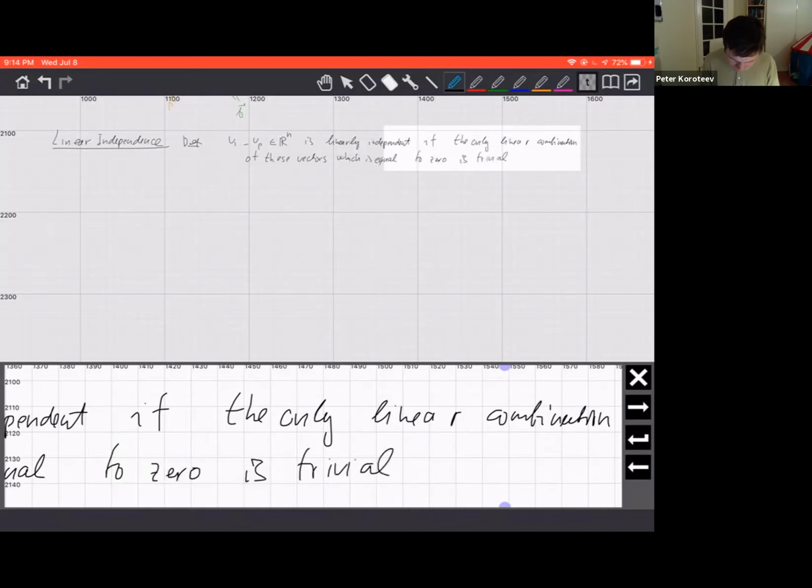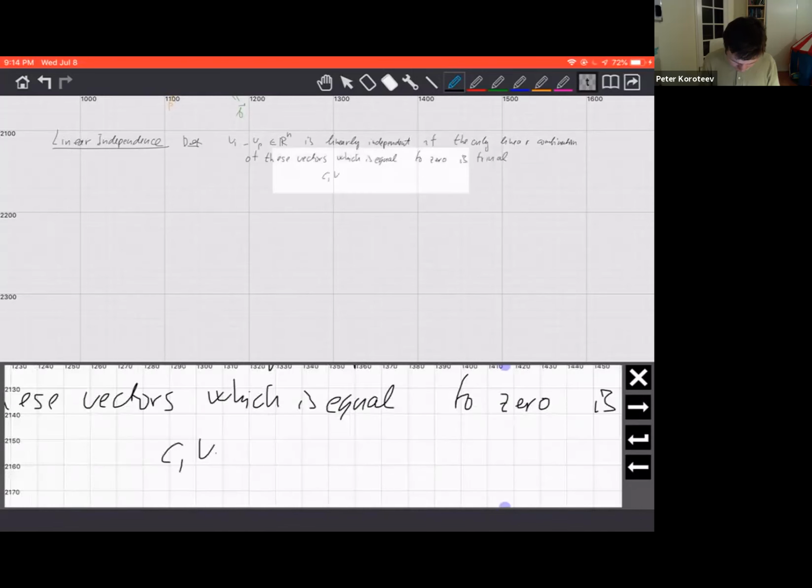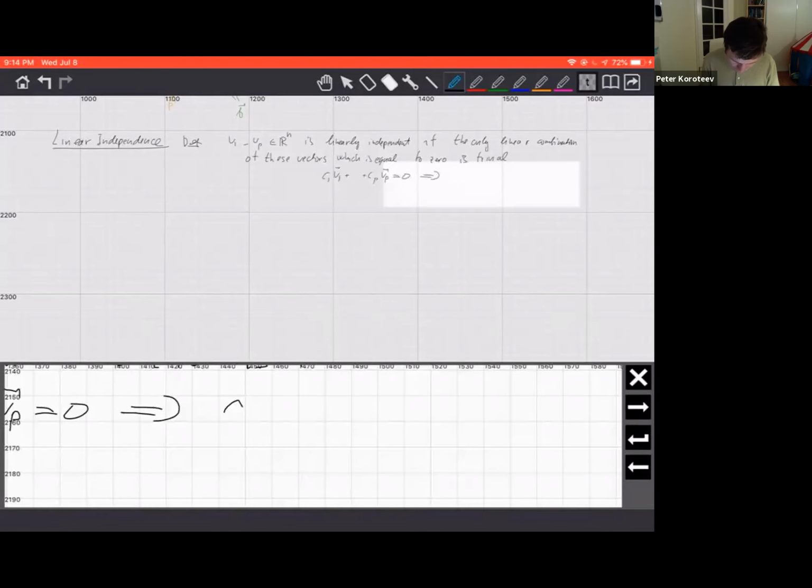In other words, c1 v1 plus and so on plus cp vp equal to 0 implies that all the c's are equal to 0.